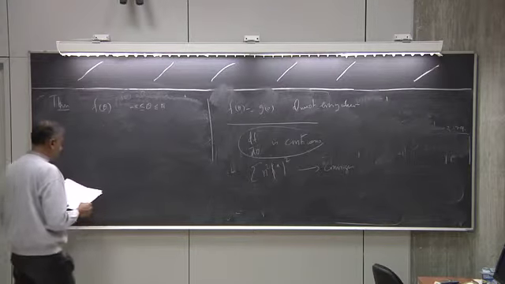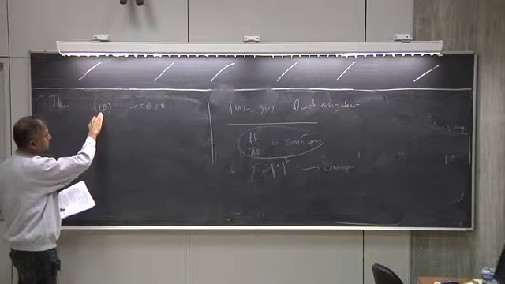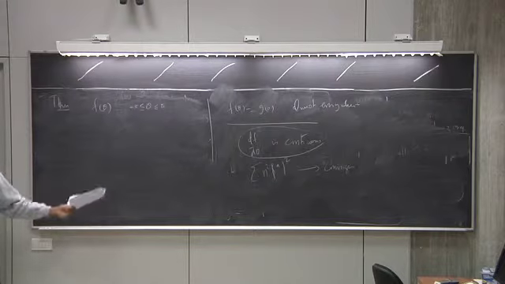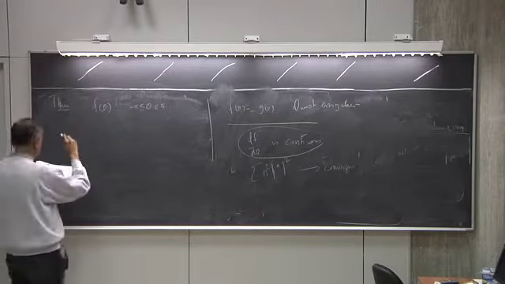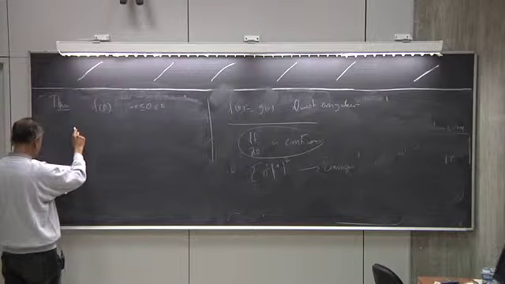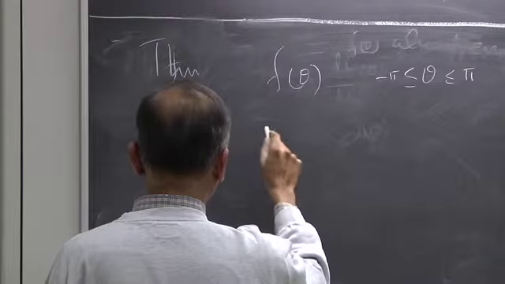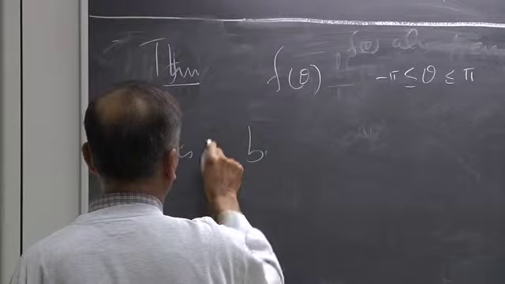I'm allowing discontinuities and so on, but not too much. If it is very violently discontinuous, then we cannot do much about it. So a particular type of function, which is called, I'll just define what it means, so this function is of bounded variation. So f is of bounded variation.